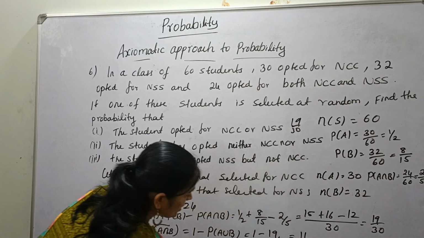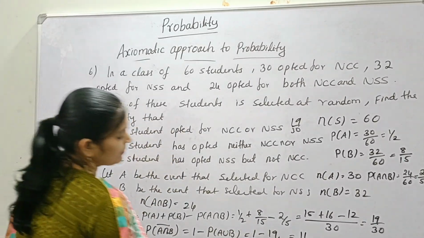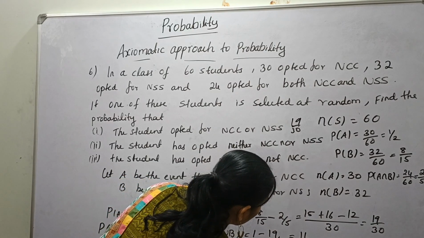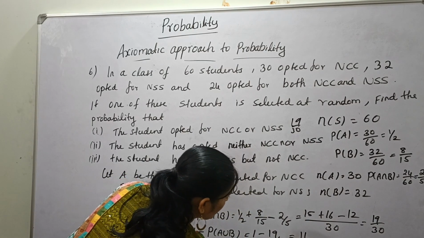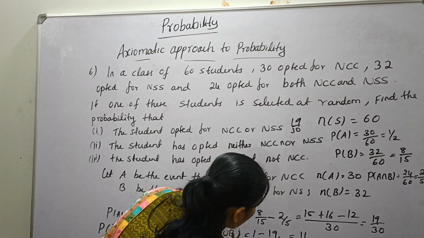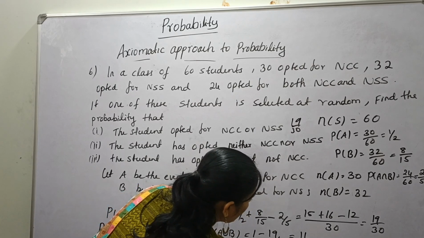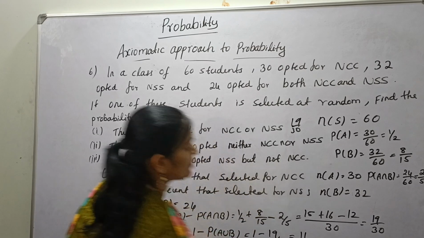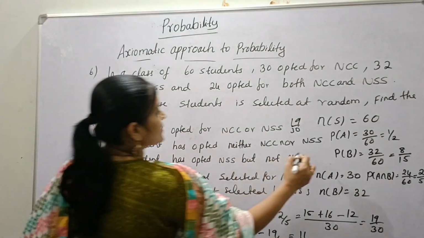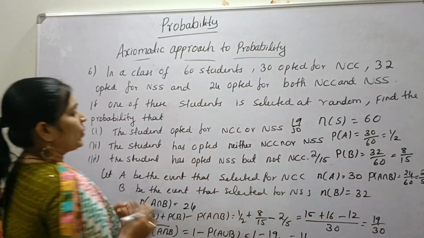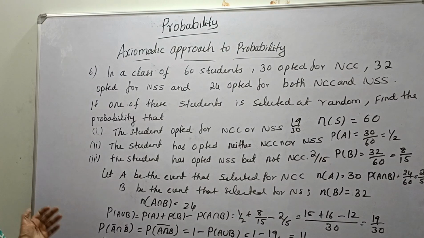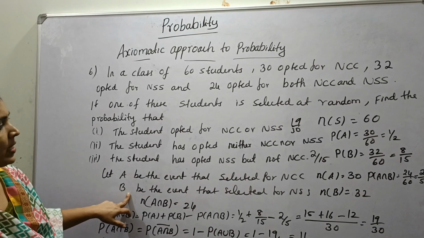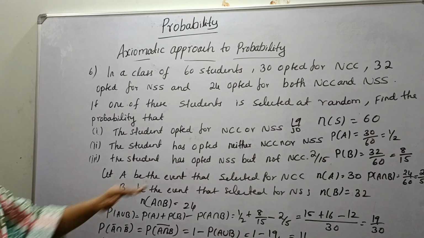Here 15 is the LCM, so multiply the second term by 3. So 8 minus 6 divided by 15, that is 2 by 15. So 2 by 15 is this answer. The student has opted for NSS but not NCC means B intersection A complement.